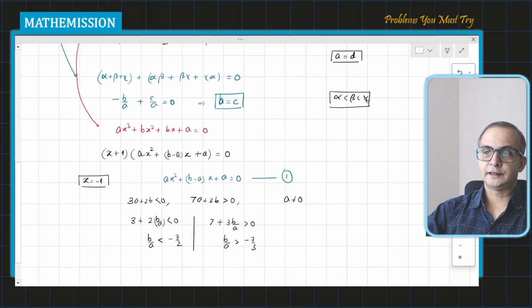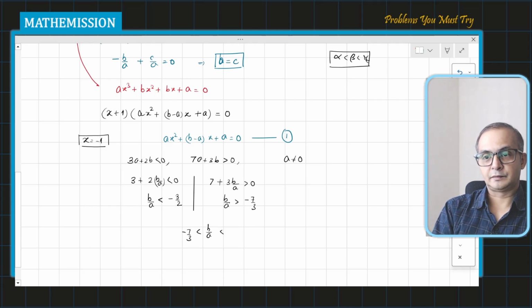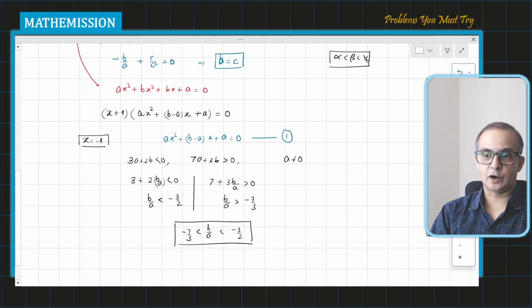If you combine these two inequalities together for b by a, I can write b by a is greater than negative 7 by 3 but lesser than negative 3 by 2. And that is one important piece of information we got, and how we will employ it is a little bit tricky.